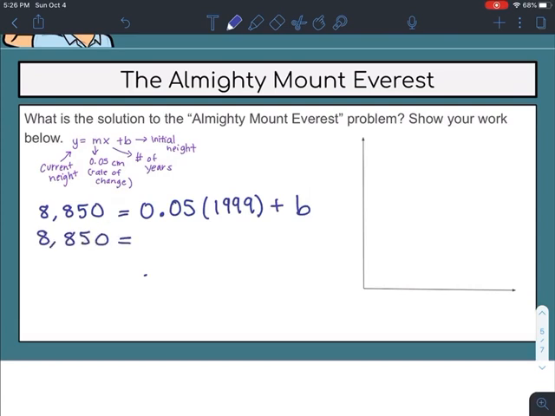I have 8,850 equals, and in this case I need my calculator. So let me substitute this into my calculator. That's 99.95 plus b. I'm going to subtract that from the other side.